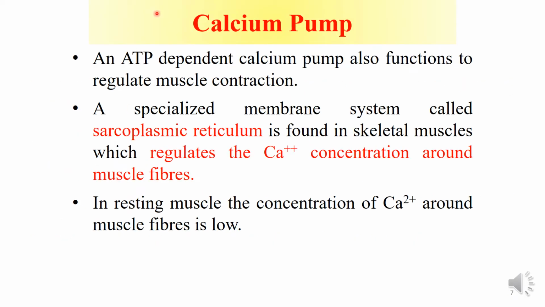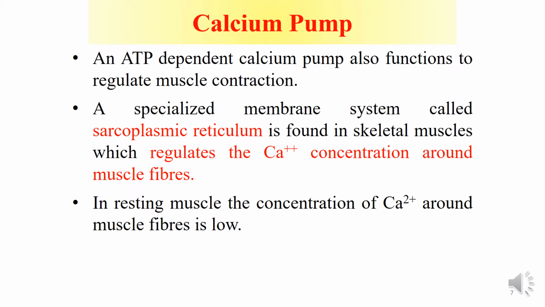The second example is the calcium pump, which is an ATP dependent pump which functions to regulate calcium ion concentration, and thereby it regulates muscle contraction. A specialized membrane system called the sarcoplasmic reticulum is found in skeletal muscles, which regulates calcium ion concentration around muscle fibers.